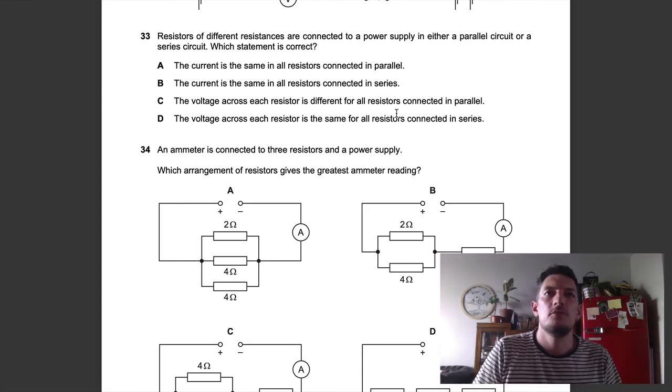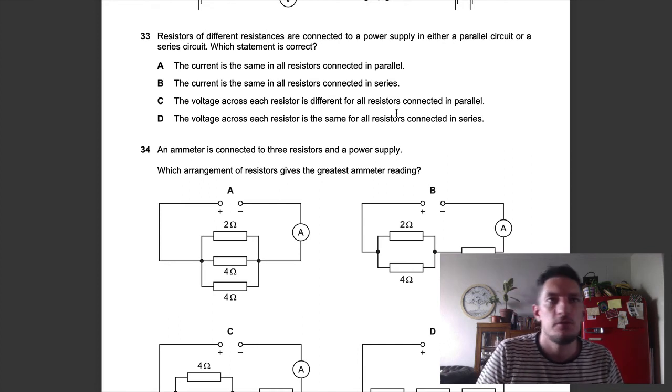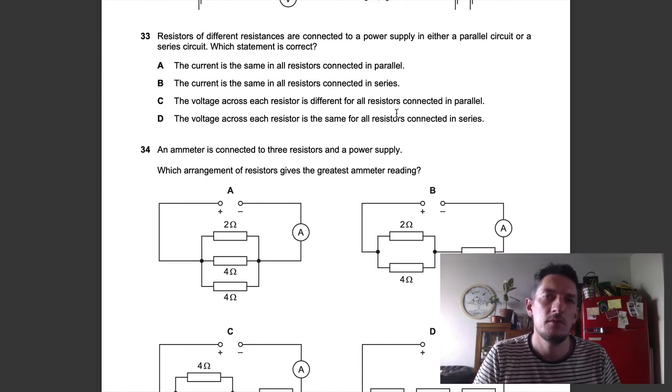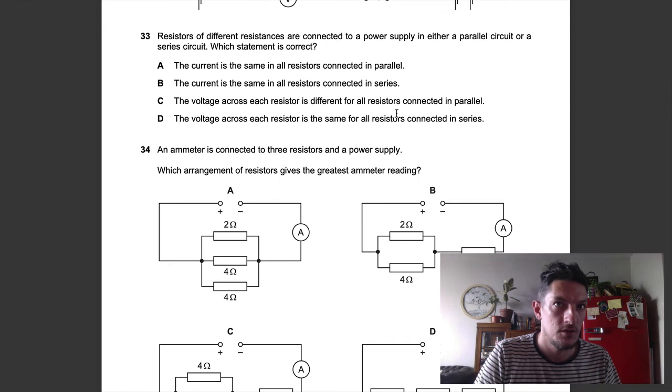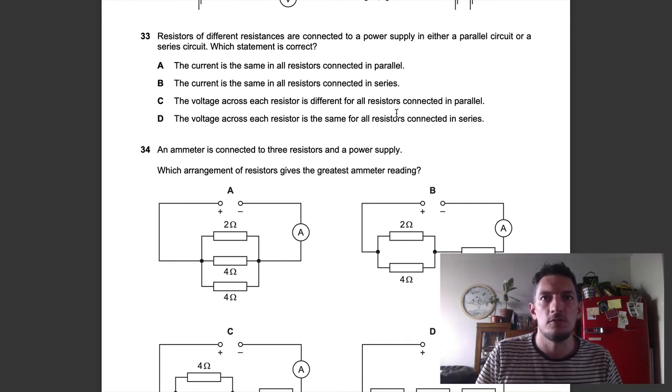Resistors of different resistances are connected to a power supply in either a parallel circuit or a series circuit. Which statement's correct? The current is the same for all resistors connected in parallel. The current is the same for all resistors connected in series. The voltage across each resistor is different for all resistors connected in parallel.